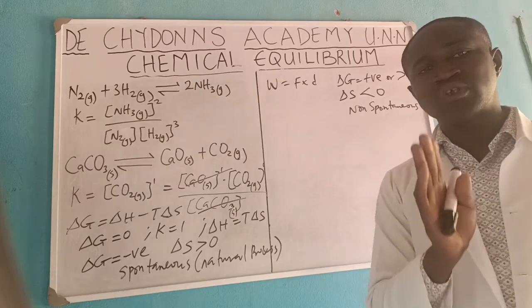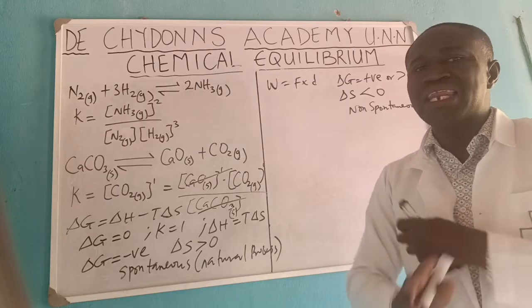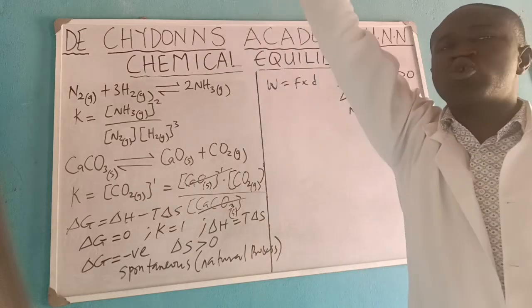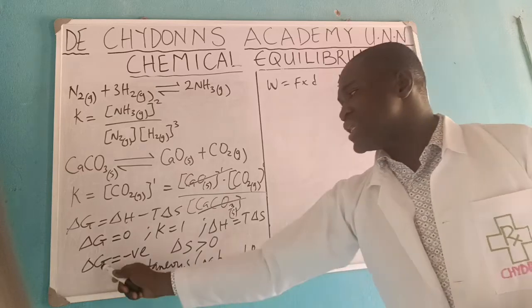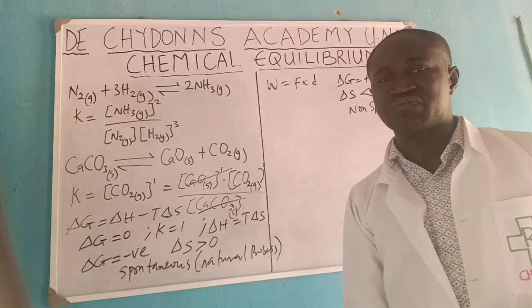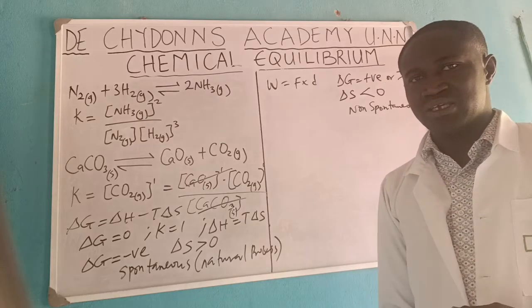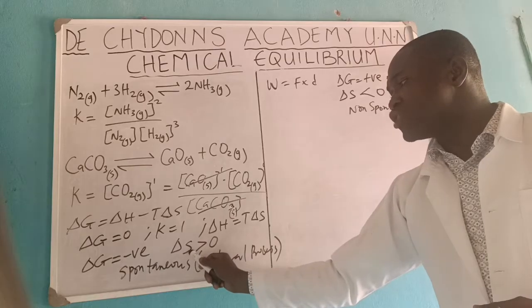A natural process means a process that occurs on its own without the help of anything. It just occurs on its own. That means in that case, I didn't apply any energy. The energy is negative. Energy is not applied. It just falls on its own, whereas the entropy will be very high.